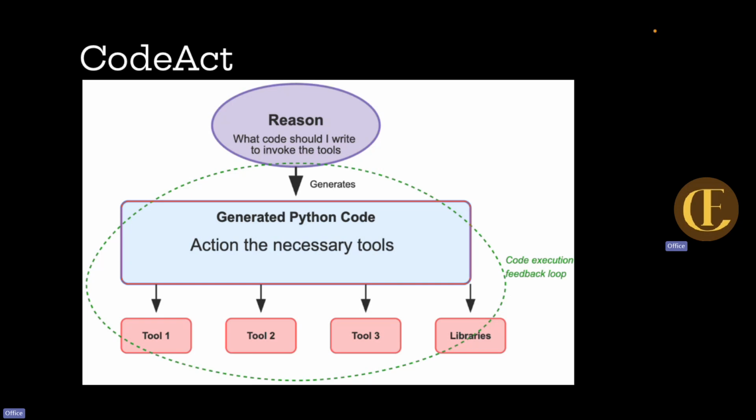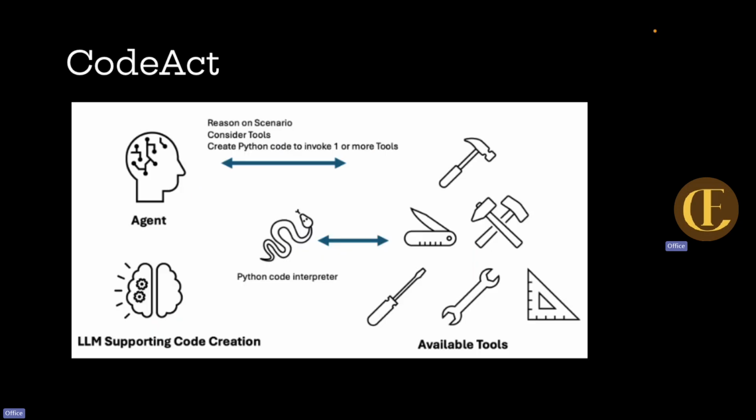We will not use the LLM to figure out the next tool to call. We'll use the LLM to create code which calls the tools. Don't worry if you haven't understood this aspect. This is a very specialized application of ReAct, in a way, but not very necessary for you to understand as of now.